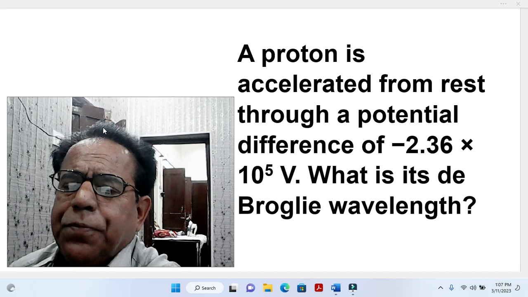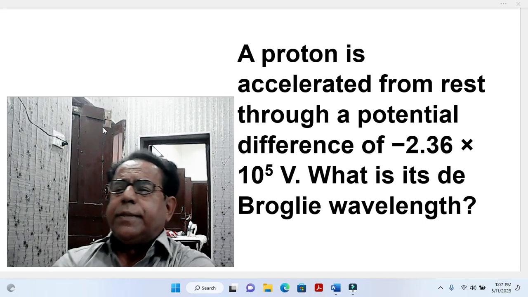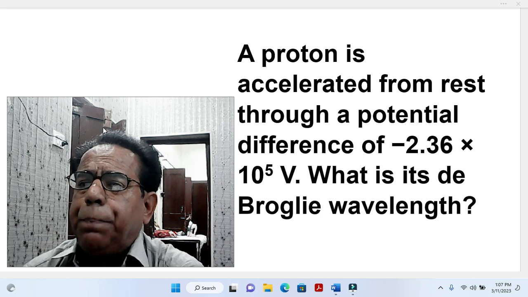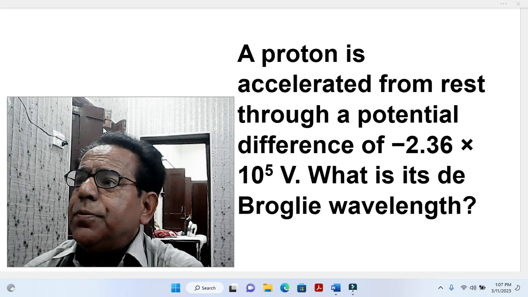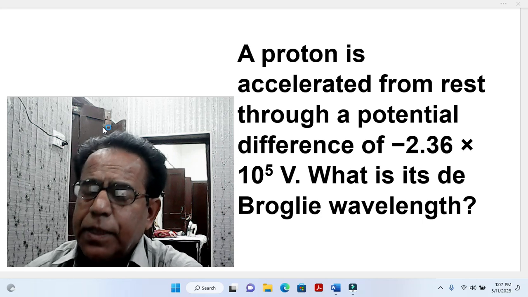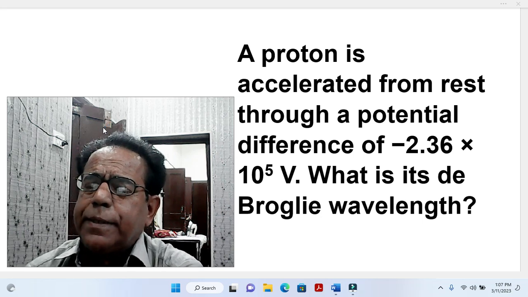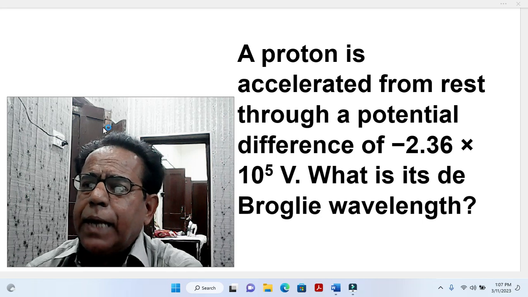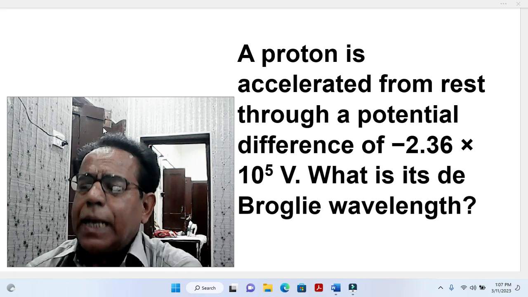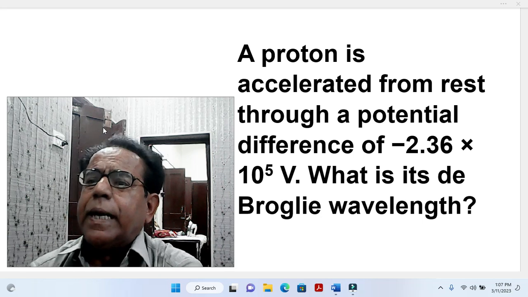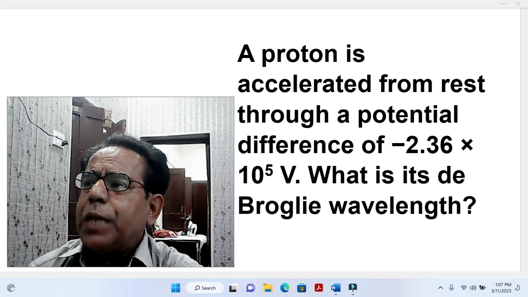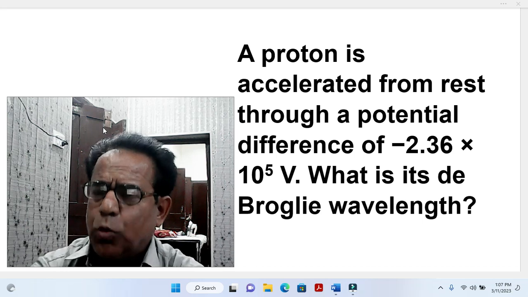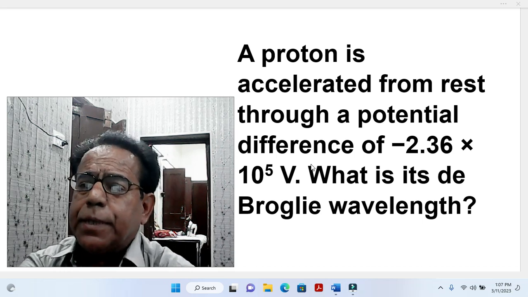After completing this book, we will start Modern Physics by Paul A. Tipler, and then we may start Modern Physics by Arthur Beiser. Then we may start Modern Physics by Stephen T. Thornton and Andrew Rex. Then Modern Physics by Randy Harris. Then Modern Physics by Raymond Serway and Moses. Anyhow, we come to our statement.